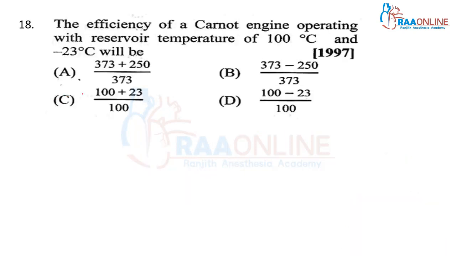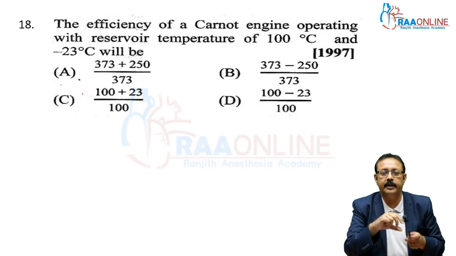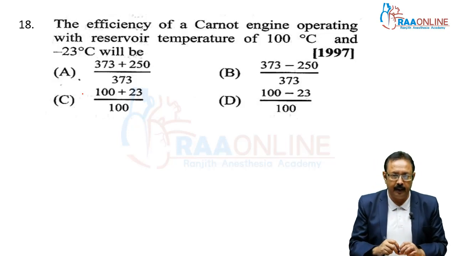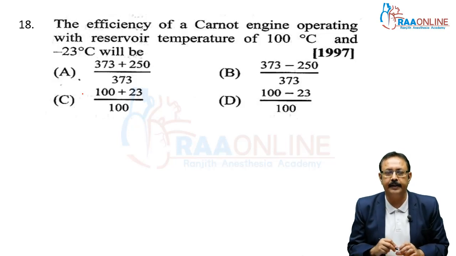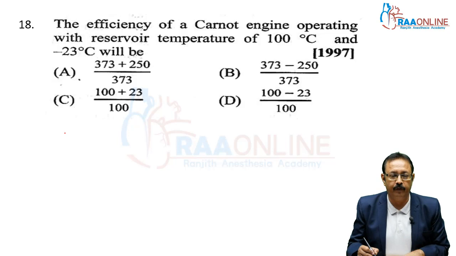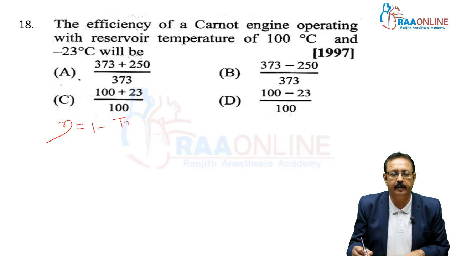Next, the efficiency of a Carnot engine operating with reservoir temperatures of 100 degrees Celsius and minus 23 degrees Celsius will be. They asked this direct problem in the exam 1997. What is given? We know the formula for efficiency: 1 minus T2 by T1, or you can say T1 minus T2 by T1.